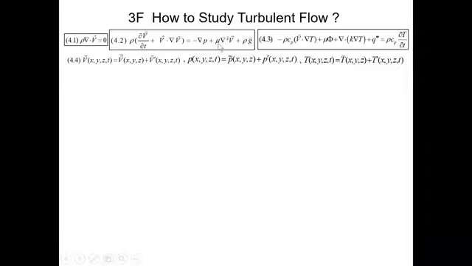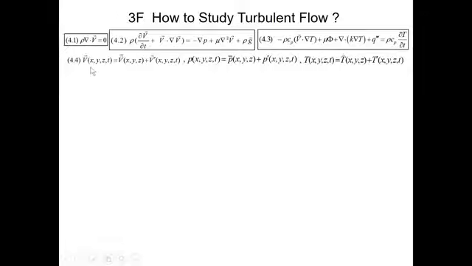F. At this point, we should have a general idea on how to study turbulent flow. First, we use the governing equations to describe turbulent flow and laminar flow.